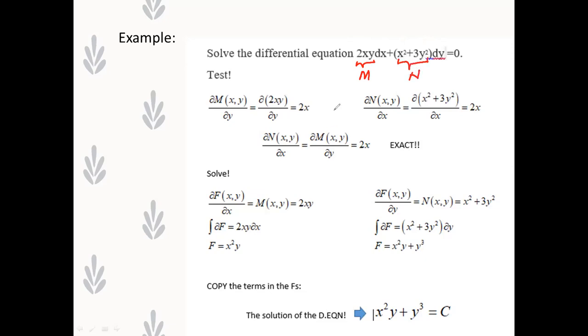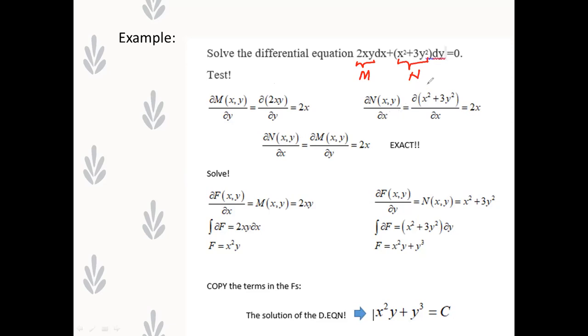And as you can see here, what's being done is you partially differentiate 2xy, your M, with respect to y. So you consider the x as a constant, just like 2. So the partial derivative of 2xy with respect to y is 2x. You apply the same principle to the partial derivative of N this time with respect to x.